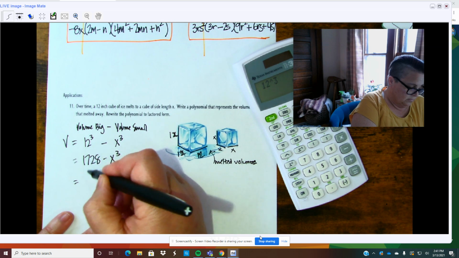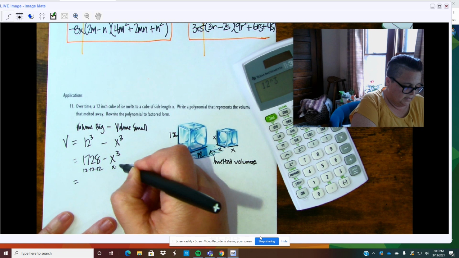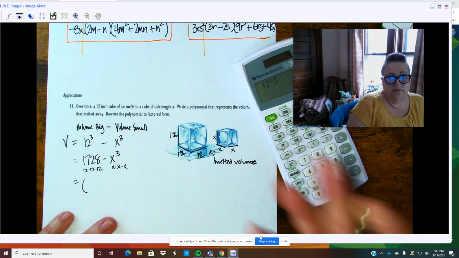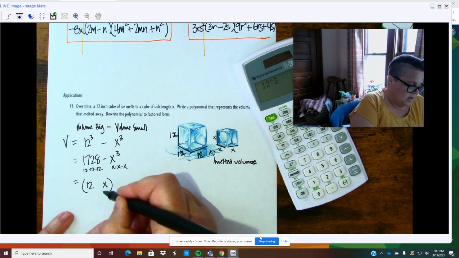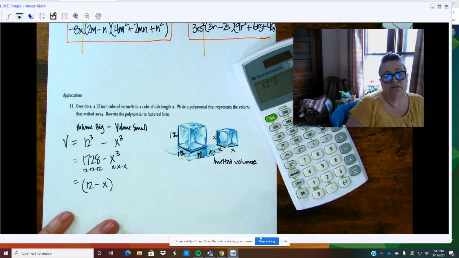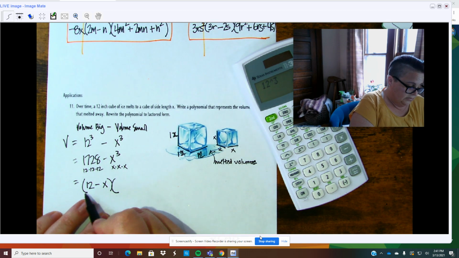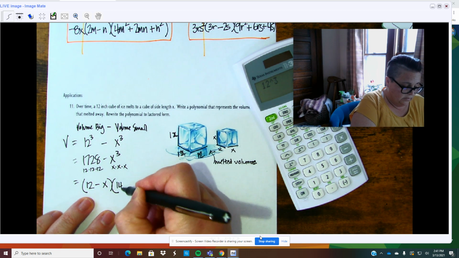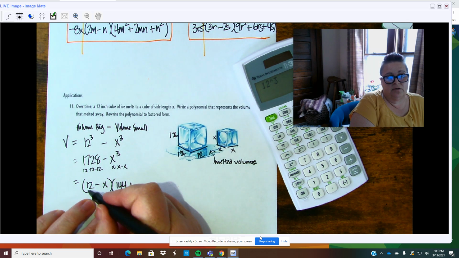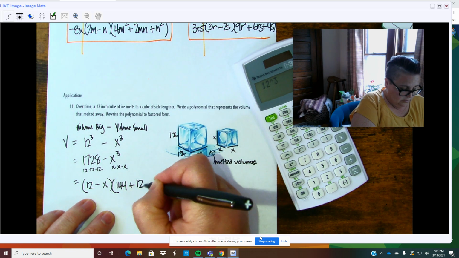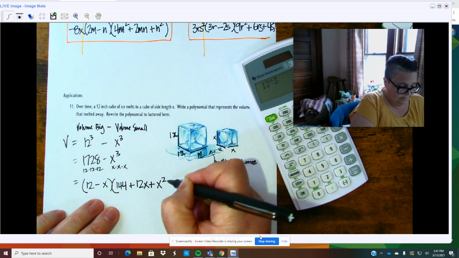The first term is 12 times 12 times 12. The second term is x times x times x. So when I factor it, it will be the root of 12 and the root of x. I want the same sign as was in the original expression. Then it's the square of the first one, 144, the opposite sign from where I started, the product of the two together, and always add the square of the last.